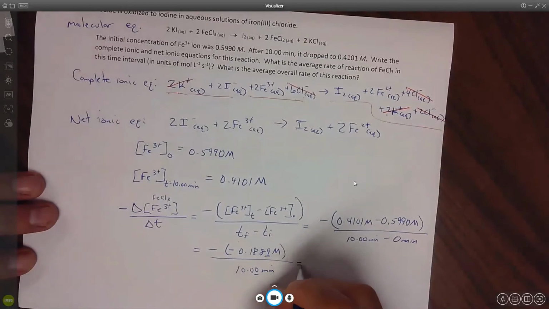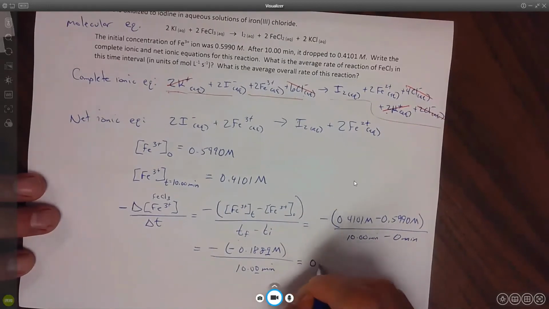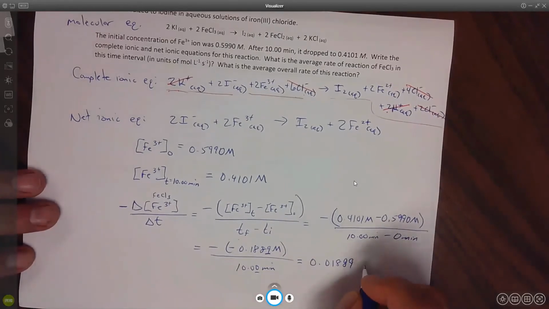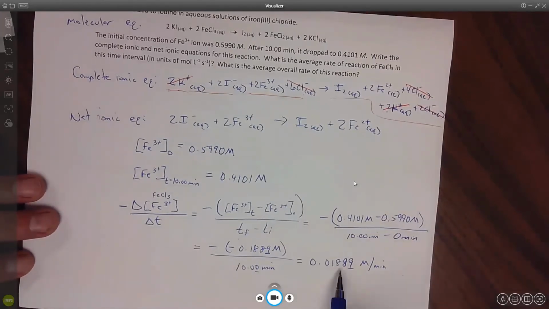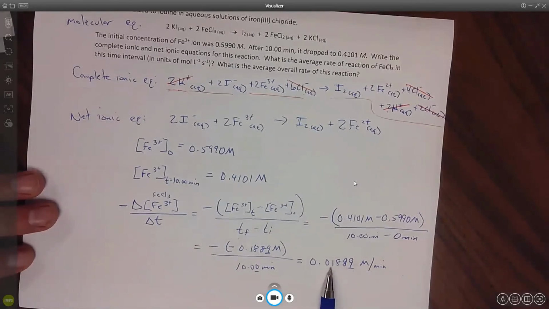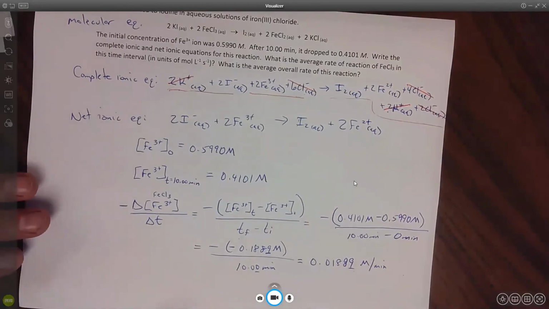Plug that into your calculator, and you get 0.01889 molar per minute. So we have 4 sig figs. Remember, zeros in front of a non-zero number are always significant. Zeros to the right of a non-zero number are significant if there's a decimal place anywhere in the number. Okay?